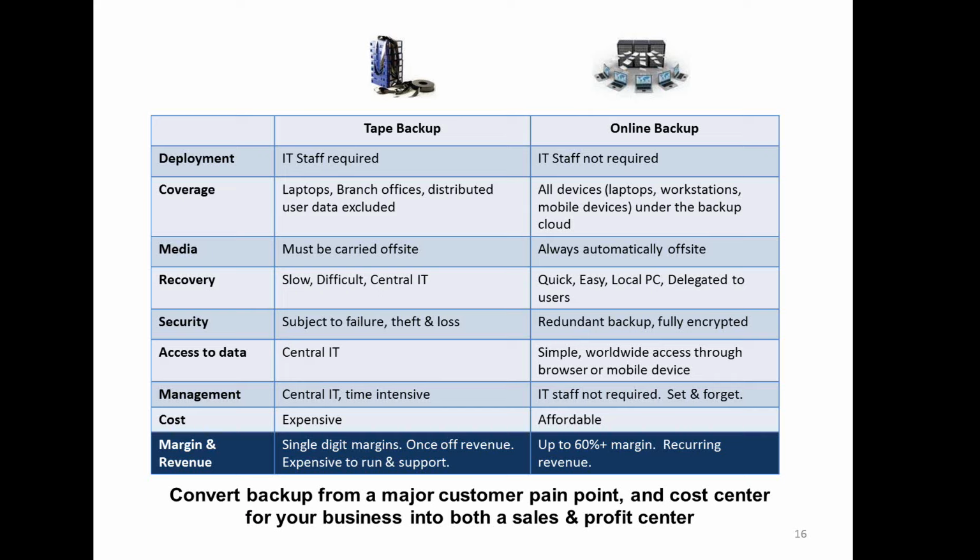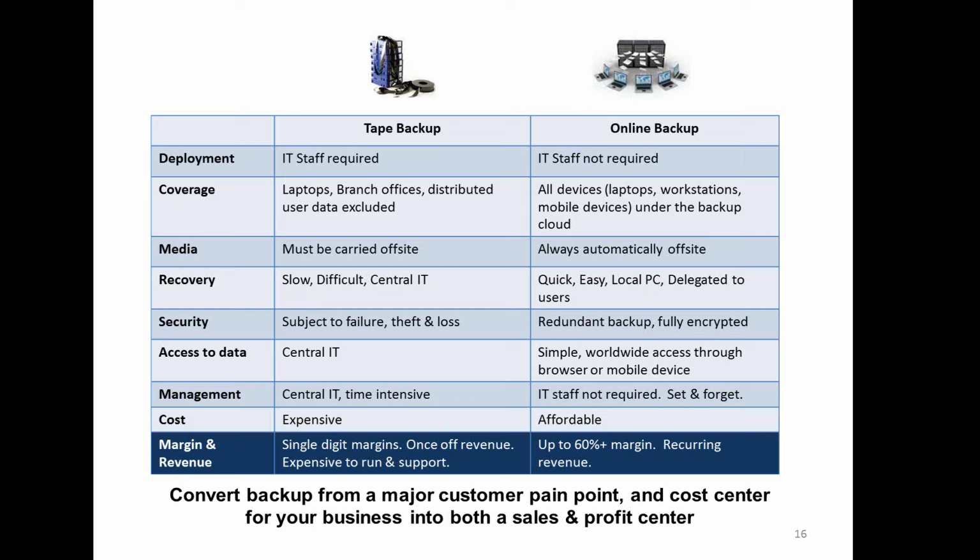From a security standpoint, the news is filled with anecdotes of security breaches and failures associated with tape backup. Online backup is inherently far more secure. Data is encrypted with military-grade encryption and private key encryption, so that you've got far more stringent access control to data. With tape backup, access to data is very limited.